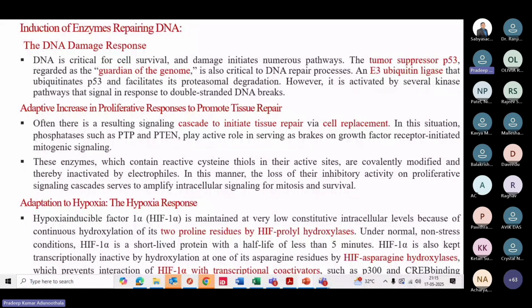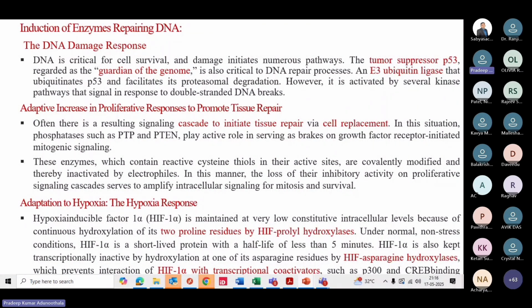These enzymes contain reactive cysteine thiols in their active sites, and they undergo covalent modification, thereby inactivating the electrophiles. In that manner, their loss of inhibitory activity on the proliferative signaling cascade serves to amplify the intracellular signaling for mitosis and survival.